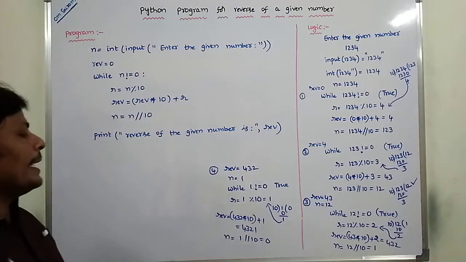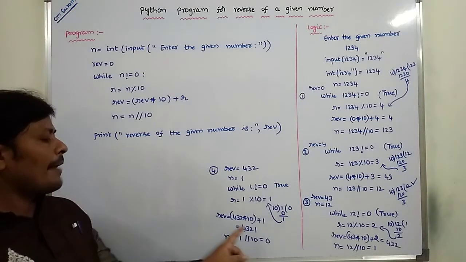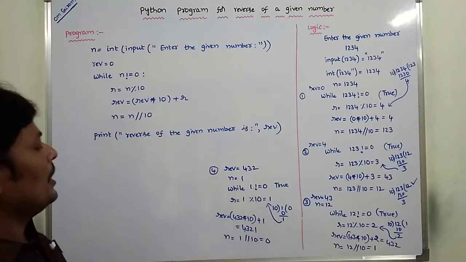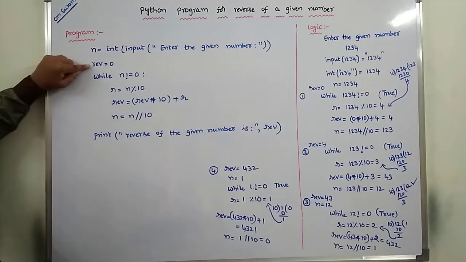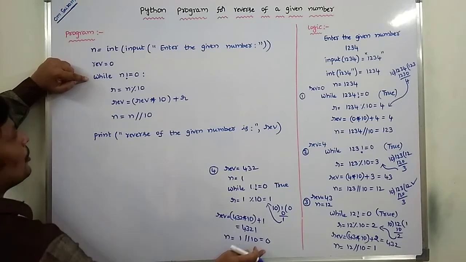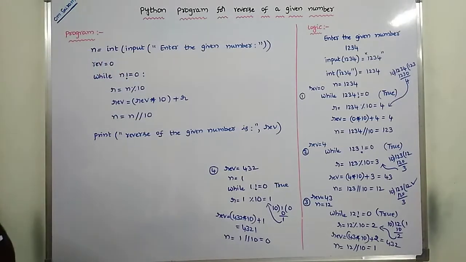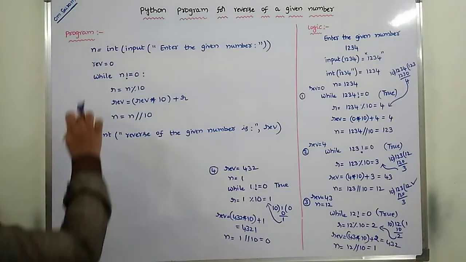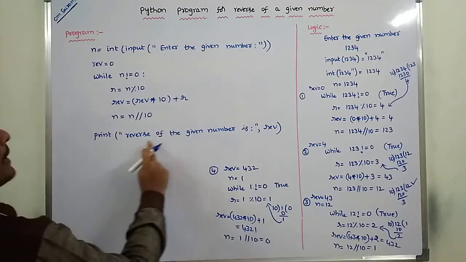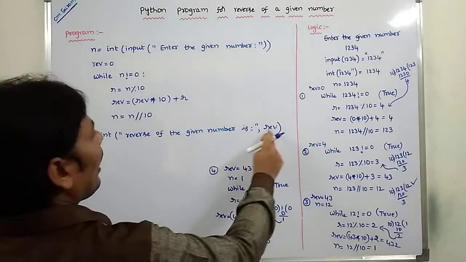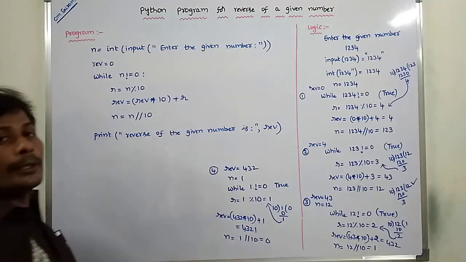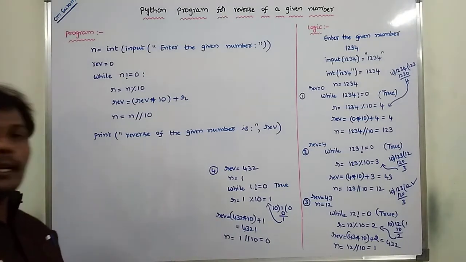After completing the fourth step, REV value is 4321 and N value is 0. Now 0 not equal to 0 is false, so we go to the next statement after the while loop. Print reverse of the given number is REV value, that is 4321. So this is our answer.